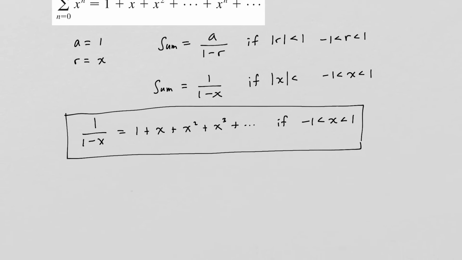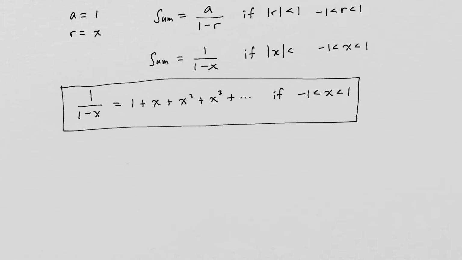We're going to talk a little bit more about this in the coming minutes here. But basically what you have is a function that has an infinite degree polynomial representation for these values of x.